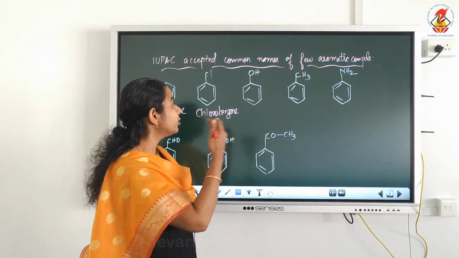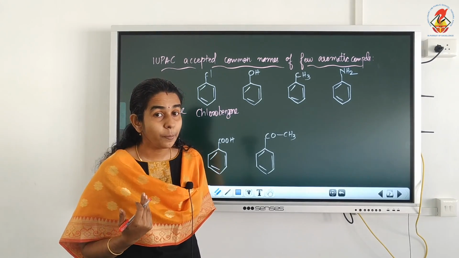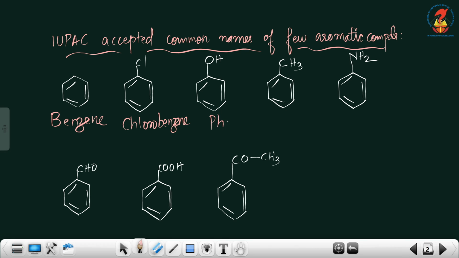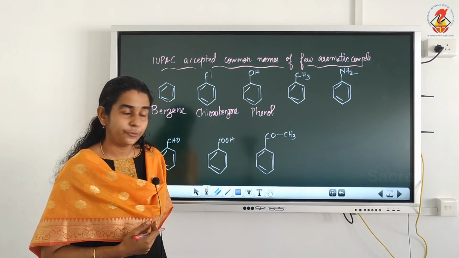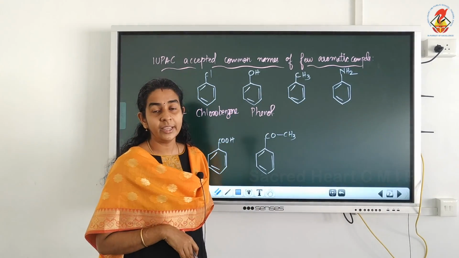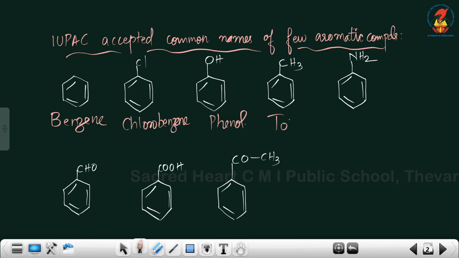But when an OH group is attached to a benzene ring, it becomes an aromatic alcohol, and the aromatic alcohol name is phenol. So when an OH group is attached to a benzene ring, the common name of the compound is phenol. Now a CH3 group attached to a benzene ring, the common name of the compound is toluene.